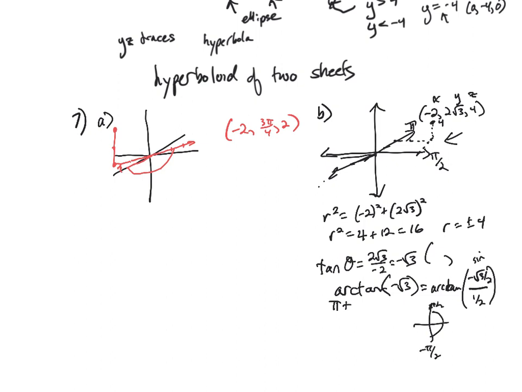It would give me something down here in this region, and sine is the -√3 over 2, cosine is the 1/2. In other words, I would have -pi over 3. So what I'd really like here is pi plus -pi over 3. In other words, 2 pi over 3.